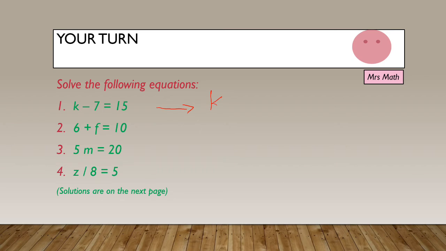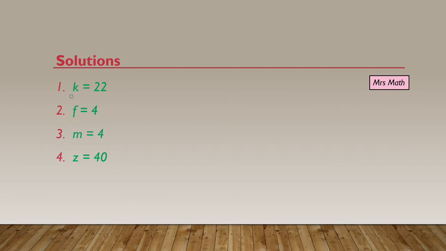We will add 7 to k minus 7, and also add 7 to 15. So minus 7 cancels with plus 7, we get k plus 0, which is k, equals 15 plus 7, which is 22. This is k equals 22.